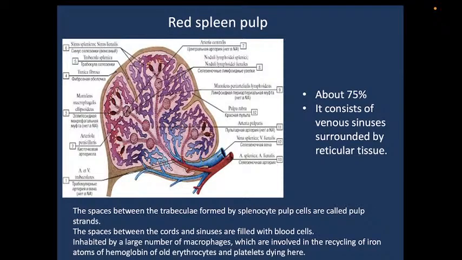Red spleen pulp we distinguish at about 75%, and it really looks like red tissue because it consists of venous sinuses. These are huge cavities surrounded by reticular tissue, and the spaces between the trabeculae are formed by splenocytes, pulp cells.